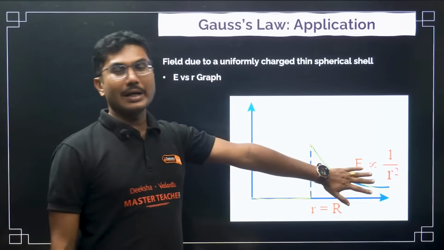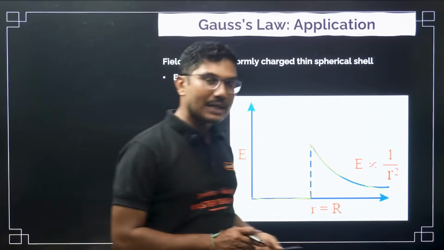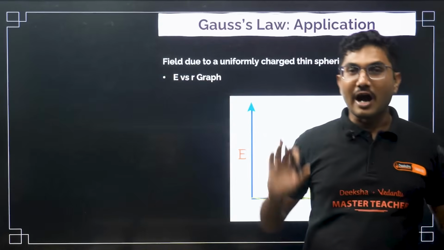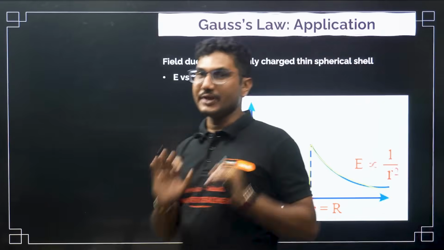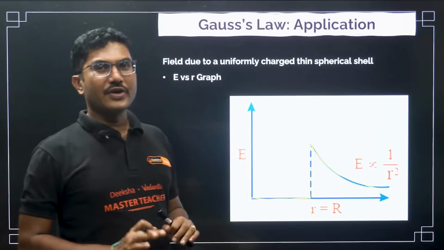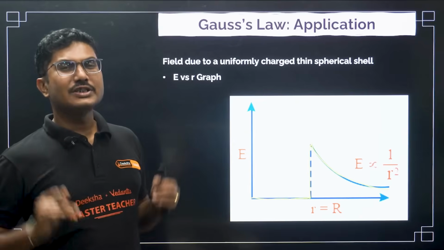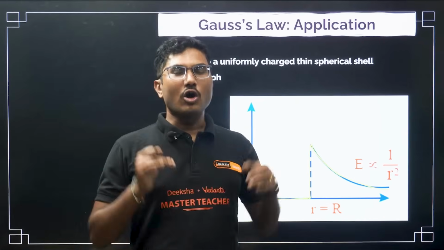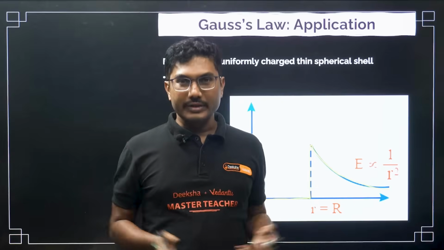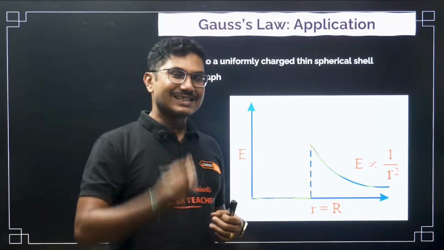Now the same graph and same formula are applicable for a charged conducting sphere. Remember this, a charged conducting sphere will also have the same formula. Why? Because charge on a conductor always resides on the surface of the conductor, no charge resides inside the conductor.